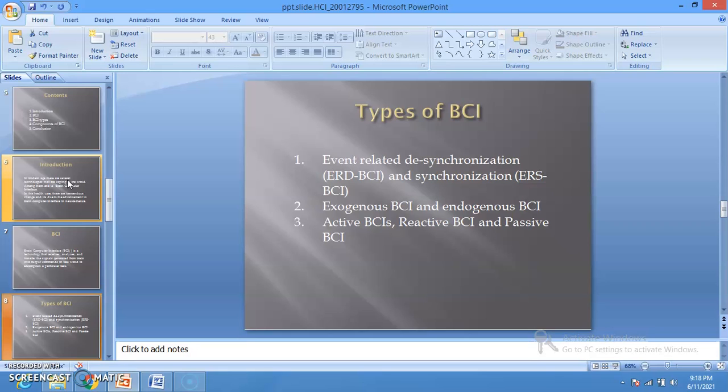About the ERD and ERS BCI, it is divided on the basis of the input method, whether it is desynchronization or synchronization.